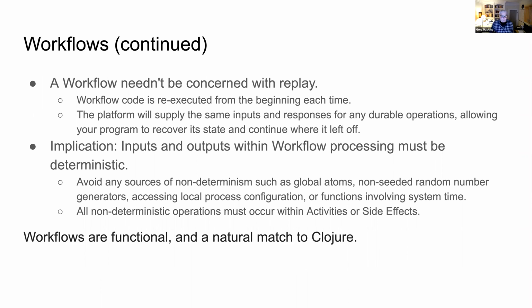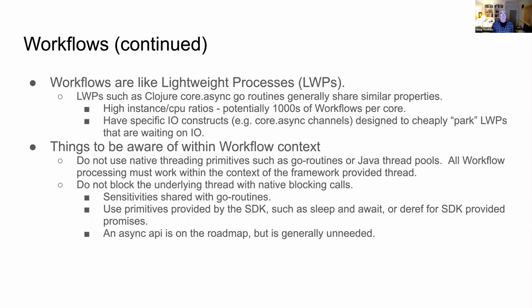And the other constraint is related to what I like to think of as the core async lightweight process problem. If you've ever used core async or any lightweight process system, they usually have several different properties. One is a high instance to CPU ratio. You can run thousands of goroutines on a single core if they're IO centric. Obviously if they're compute centric, that won't be the case.